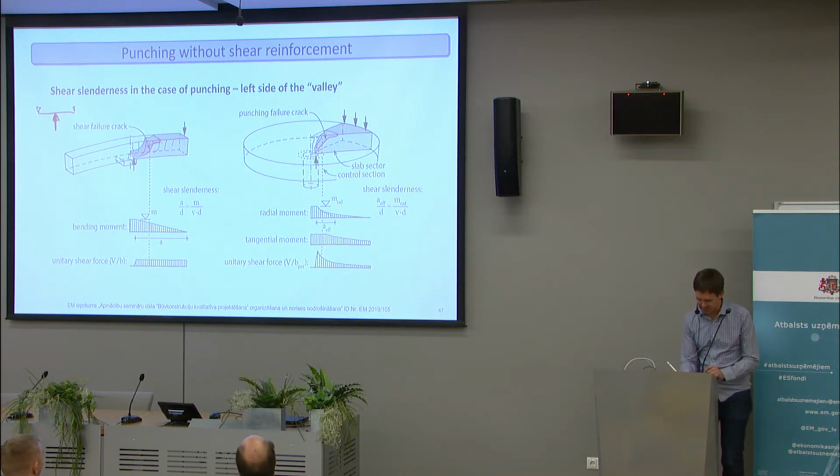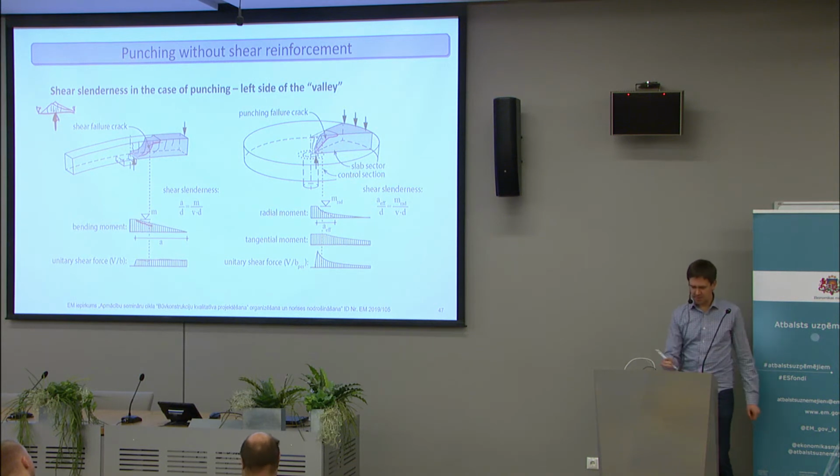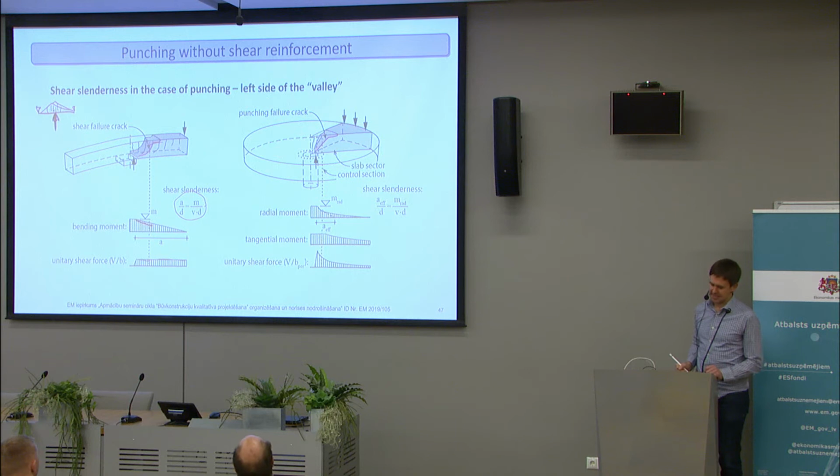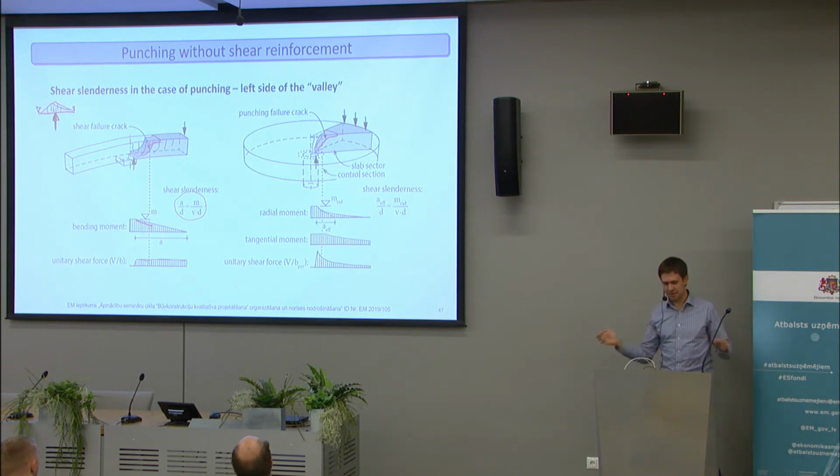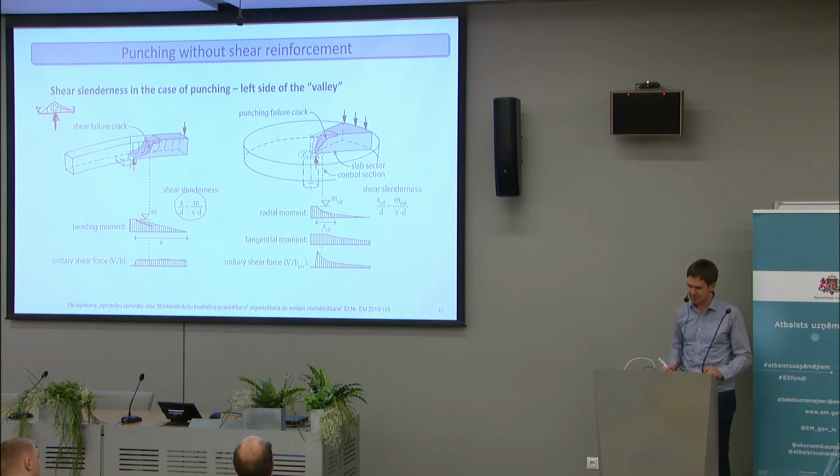The bending moment diagram is like this, and the shear force diagram is just uniform. So the shear slenderness can be easily calculated through the span in this case, but if it's uniformly loaded, then by the bending moment and shear force.